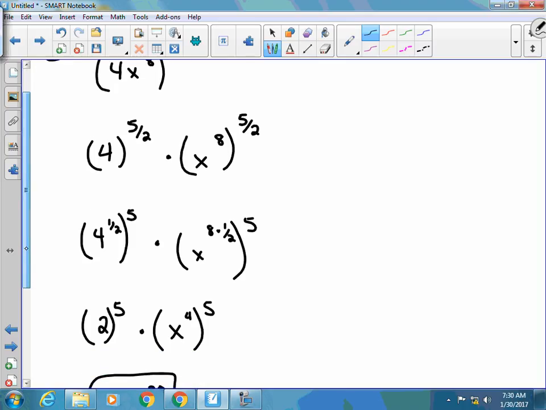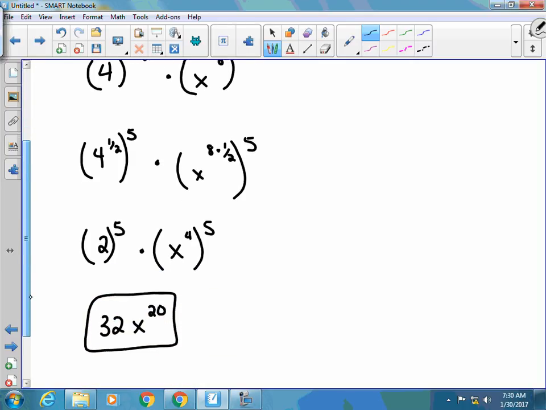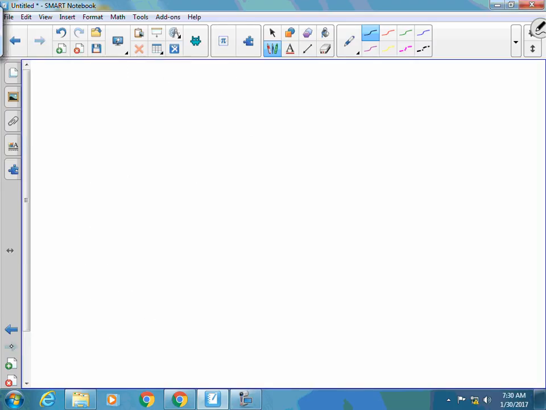And then I broke that fraction down with the 1/2 and the 5 on the outside. After I simplified inside my parentheses, I went ahead and applied the 5 then to give me that 32x to the power of 20. However, there are times when you are asked to solve and not simplify.